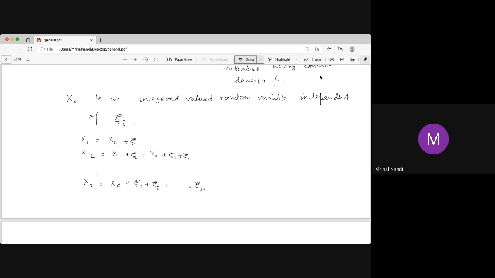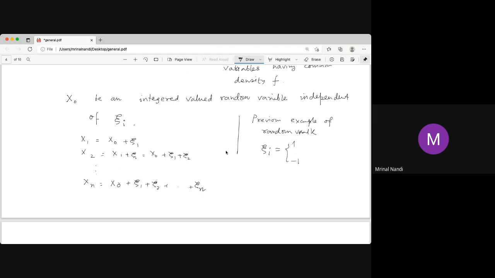In the special case of the random walk, we take every xi i as 1 or -1. In the previous example of the random walk, we take xi i equal to 1 or -1.